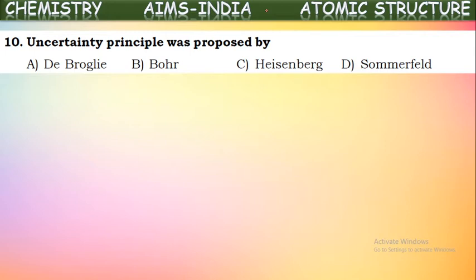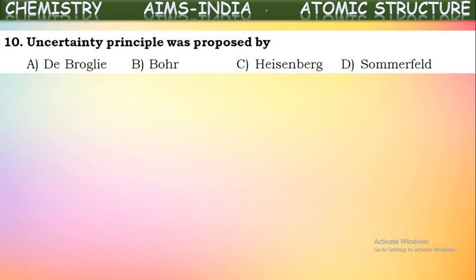Next, the uncertainty principle was proposed by Heisenberg.